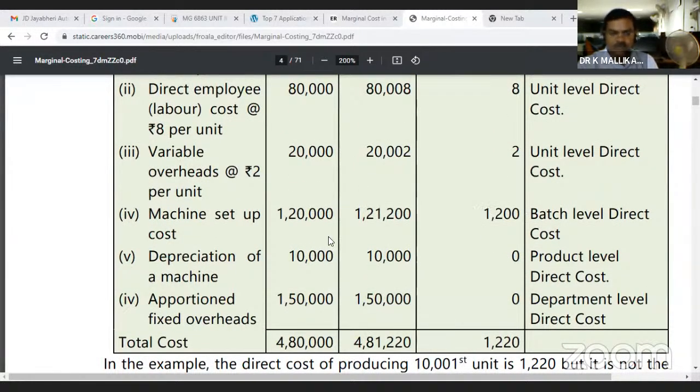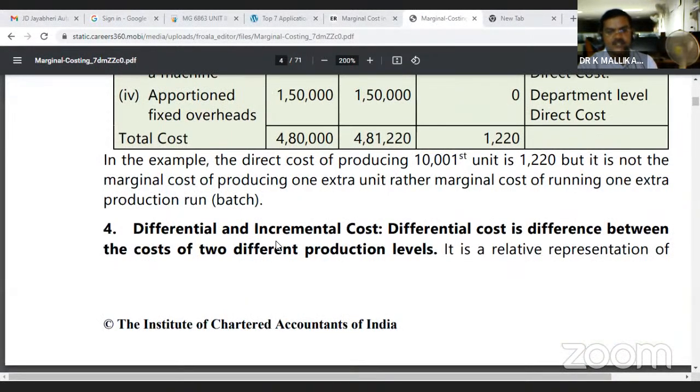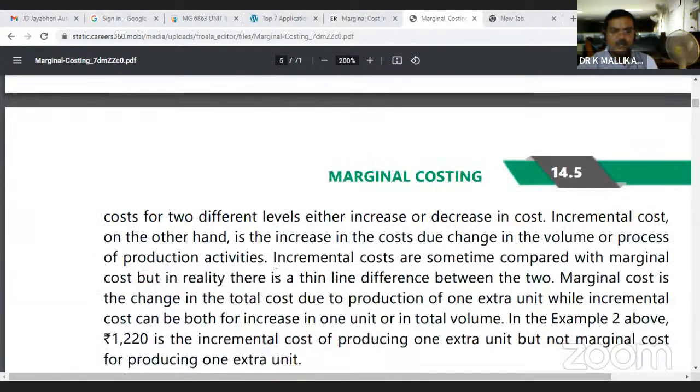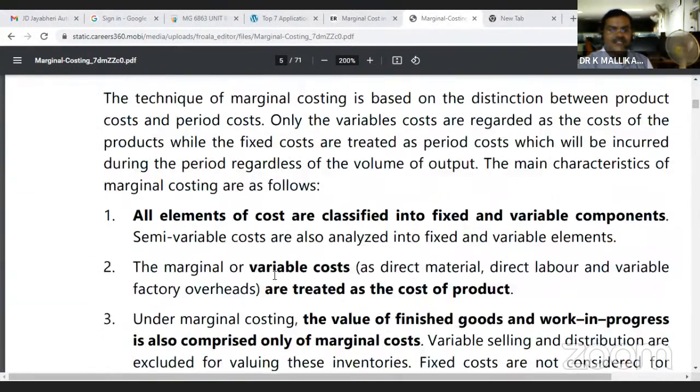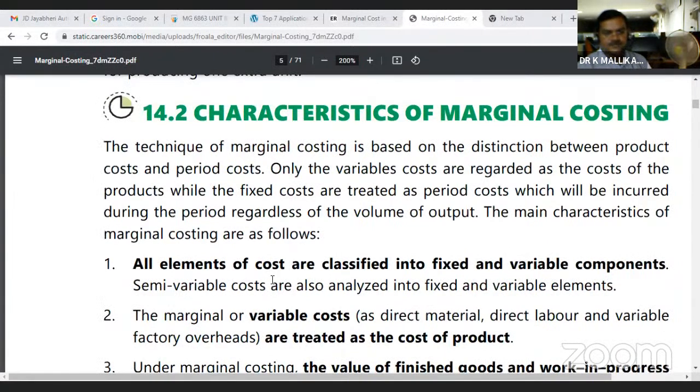If it is batch level, depreciation on machinery depends upon the production level, how much you are using, 50% or 60% or 70% or 80%. So what is the level of production and how are these indirect costs allotted to different departments?